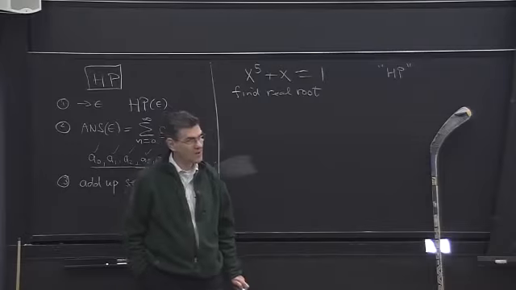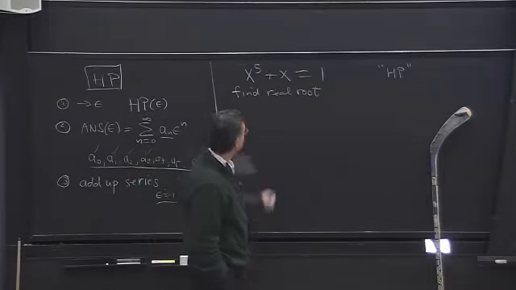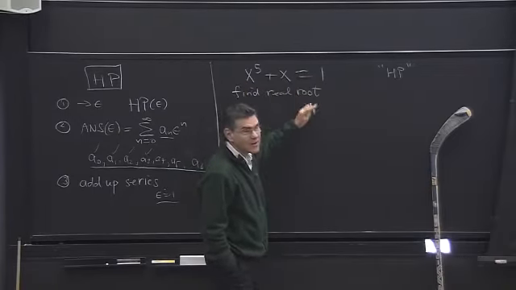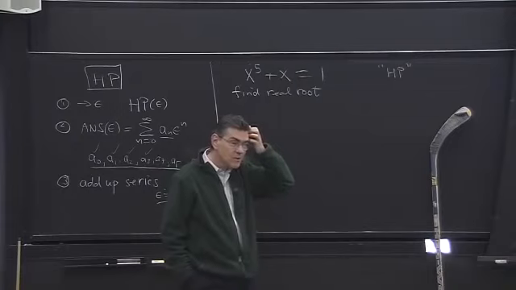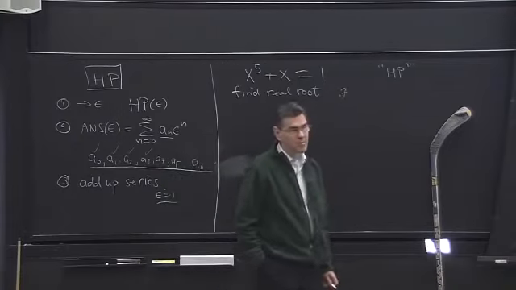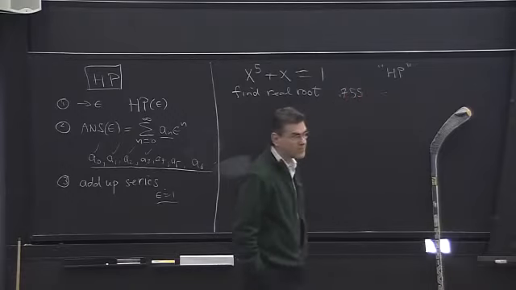No, not that big. Not that big. Think about it. You have a number, which you're adding to another number, and you're getting 1. There's a positive root. It's about 0.7, roughly 755, something like that. Okay?